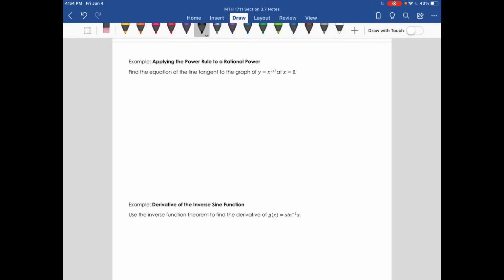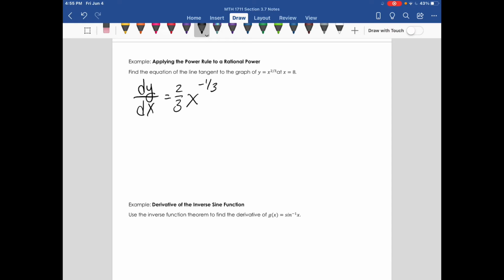This example says find the equation of the line tangent to the graph of y equals x to the 2/3 at x equals 8. So the first thing that we need to do is find the derivative and evaluate it at x equals 8. So I'm going to find the derivative of y with respect to x.